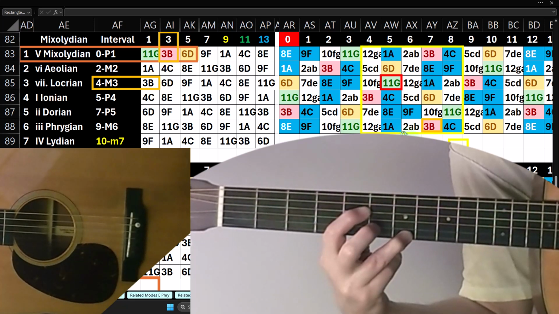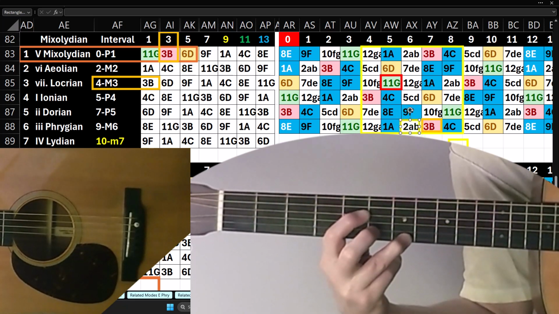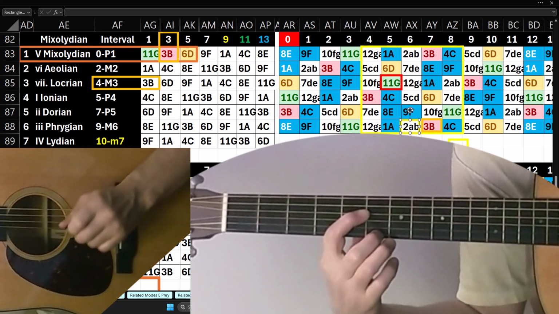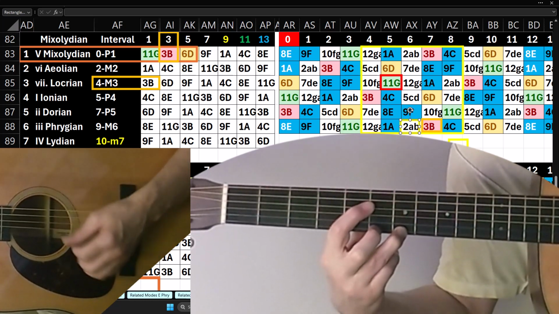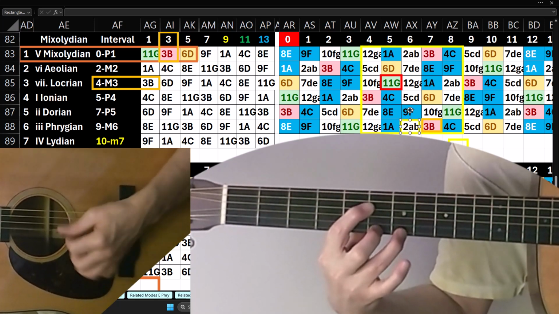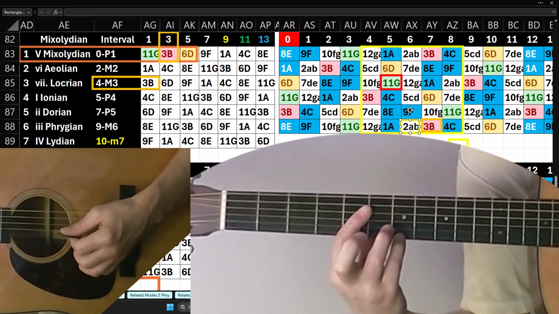And if I was going down here, could I play with this minor third? Like if I'm reaching down here, I could try to mute everything, or I could try to bar this whole thing off.